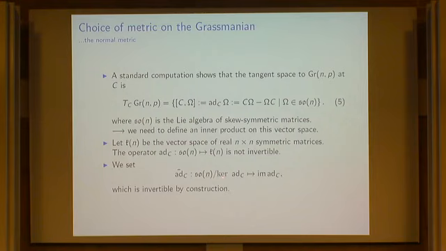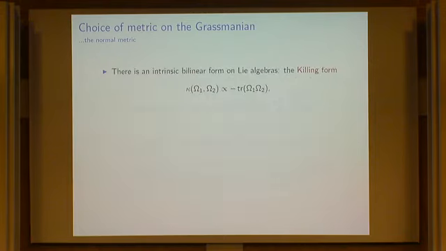We call this operator at bar of C. So to summarize this slide, this is the tangent space, the space of perturbations that keep us on the manifold, the Grassmannian. And right now we're just making sure that this operator is invertible.